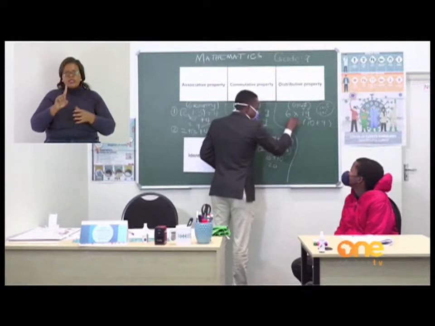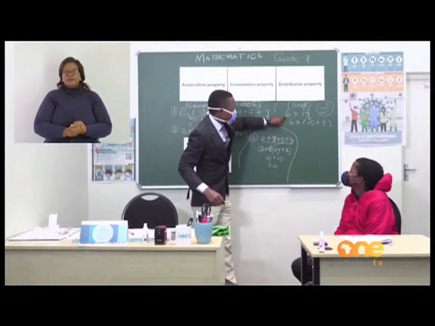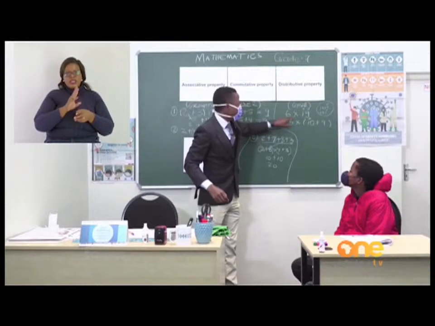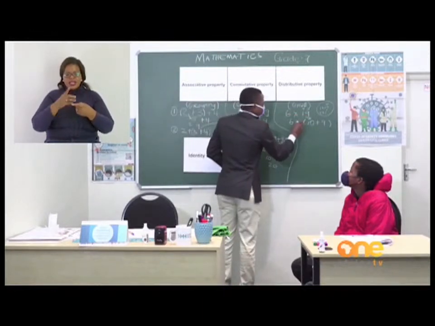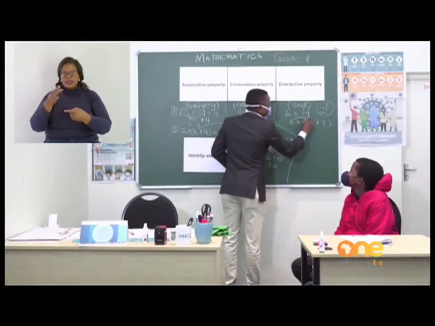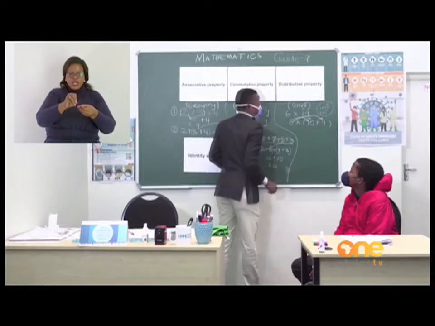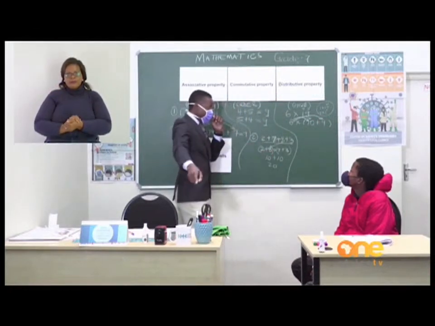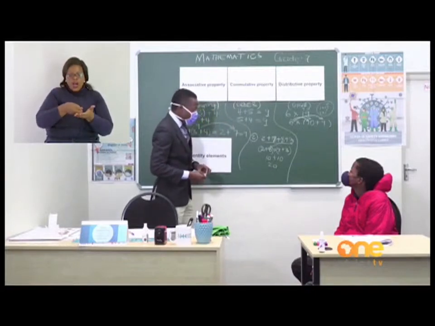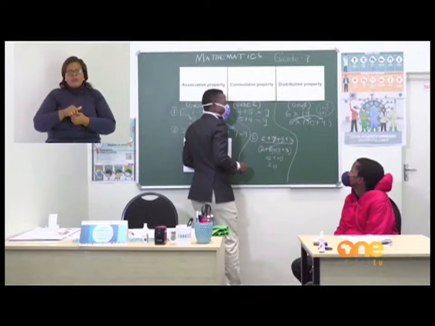Then times 6. So in short, you are saying 6 times 10 and 6 times 9. You are giving 6 to 10, and you are also giving 6 to 9. So you are distributing. Remember the granny in the booklet, whereby she's giving sweets to the grandchildren.